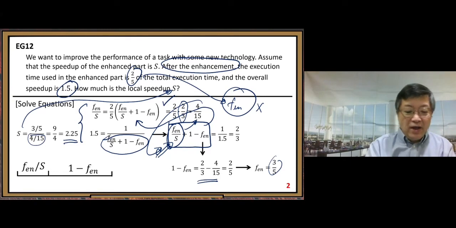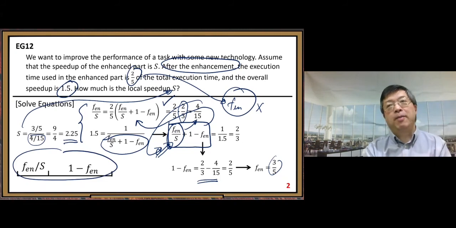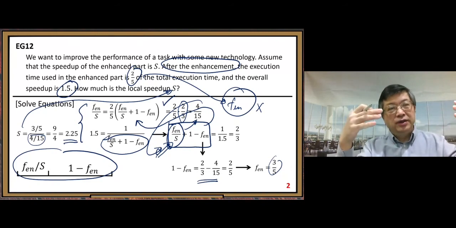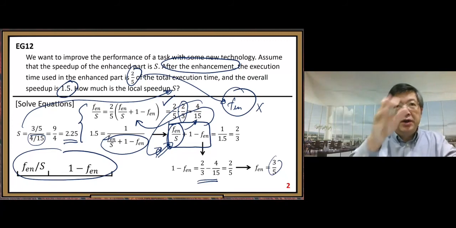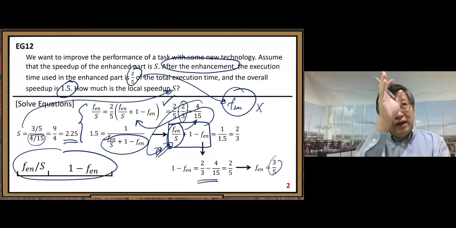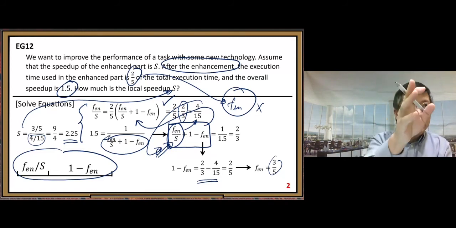Second thing, draw a diagram to help you set up equations. When you draw a diagram, you need to draw before enhancement and after enhancement. Then, based on the given conditions, you set up equations. After that, the last step is solving the algebraic equations.